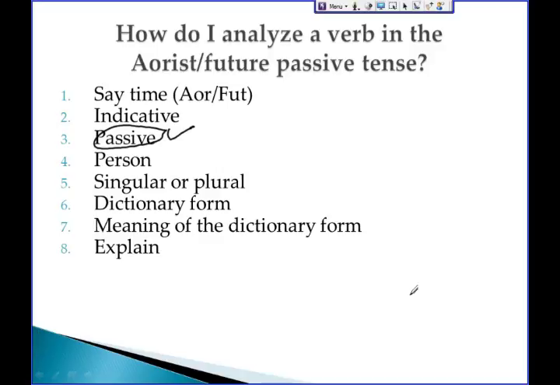Akouo, I hear. Remember the aorist augmentation rule. If the verb begins with a vowel, then the vowel lengthens. Okay. All those verbs, please, I give you the advice I've been giving you throughout.